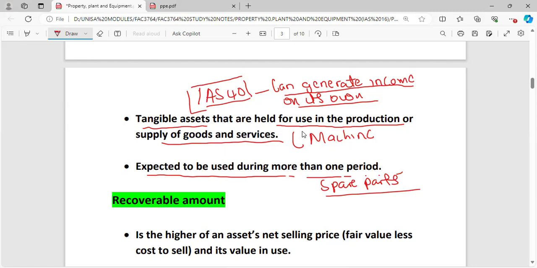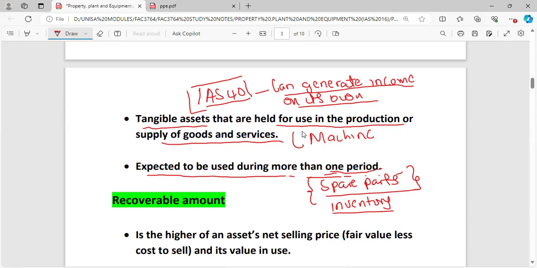PPE is only something that can be used for more than 1 year, which means for more than one financial period. So in your question, you should also look at this. If it is something that can only be used within a year, then it's not going to be PPE, it's going to be inventory. That's another thing that you should look at when you are doing your questions.